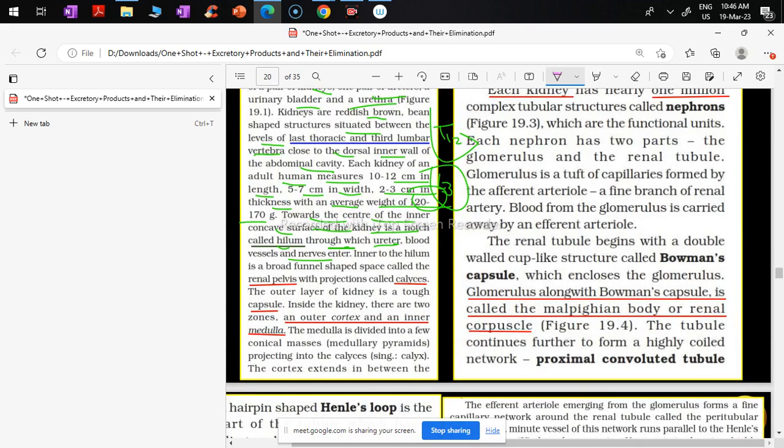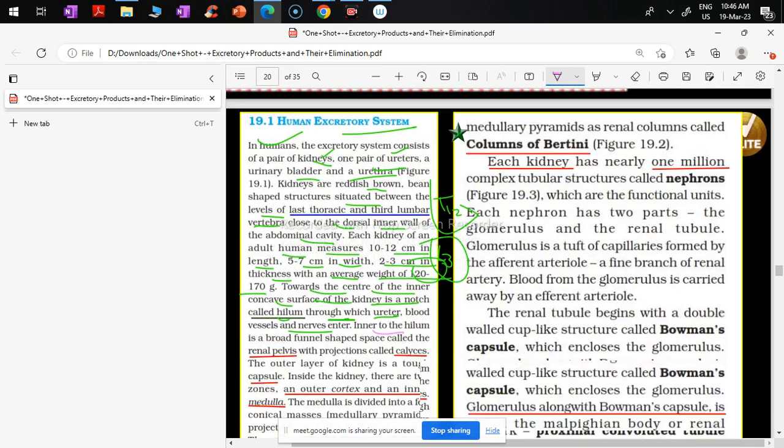Let's see here. We were discussing that towards the center of the inner concave surface of the kidney there is a notch called the hilum, through which the ureter, blood vessels and nerves enter. Inner to the hilum there is a broad funnel shaped space which is called the renal pelvis.